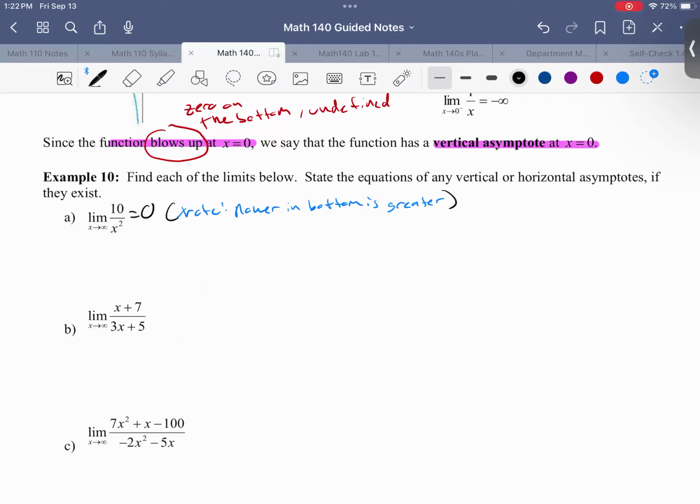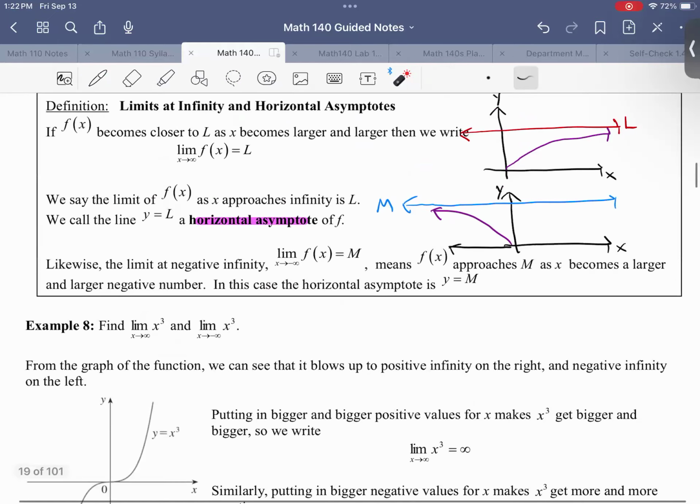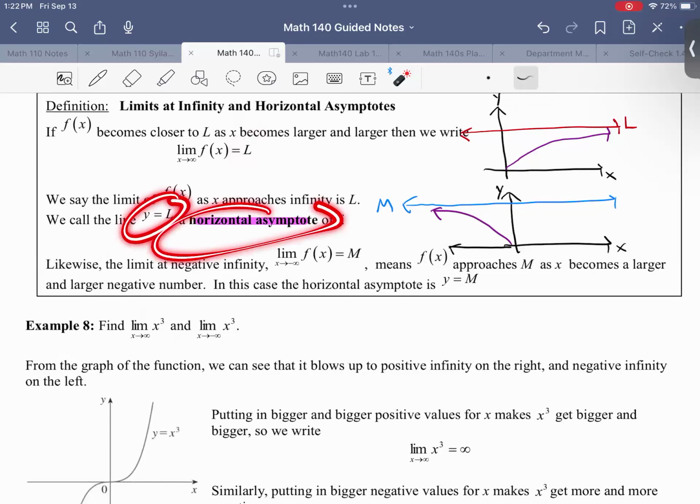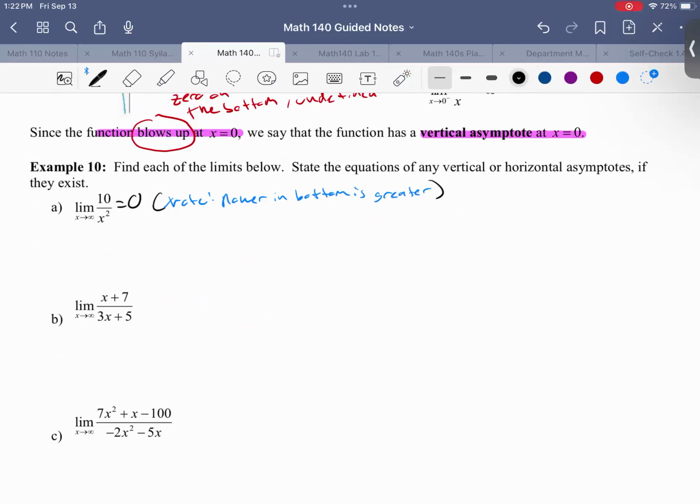So what this means though is that since we have a limit where x is going to infinity, and we're actually getting a numerical answer, that means that it's a horizontal asymptote. So let's say horizontal, I'll kind of abbreviate this. Horizontal asymptote is at y equals 0, this guy. Okay, so that would be our horizontal asymptote.